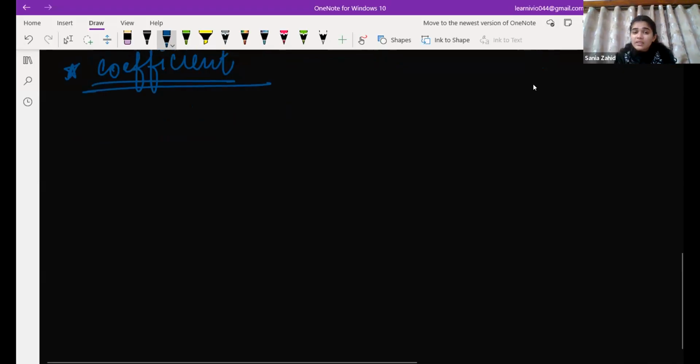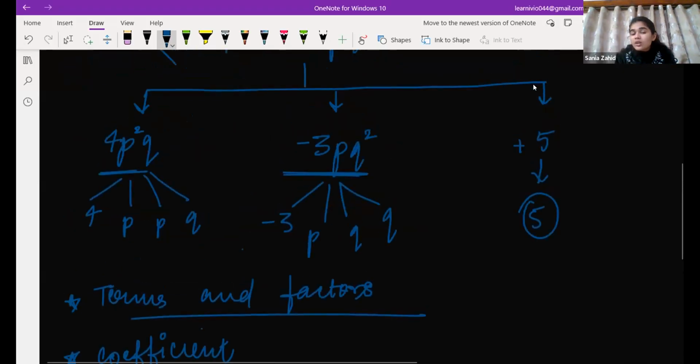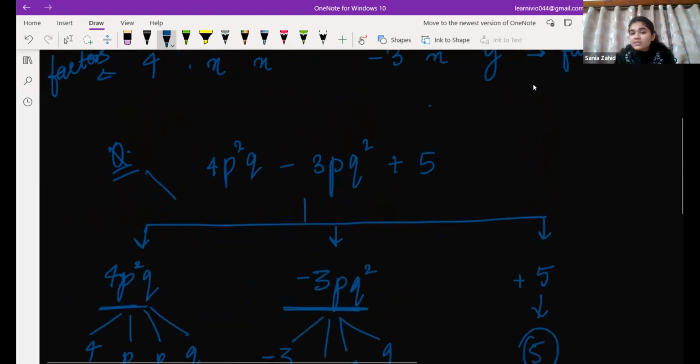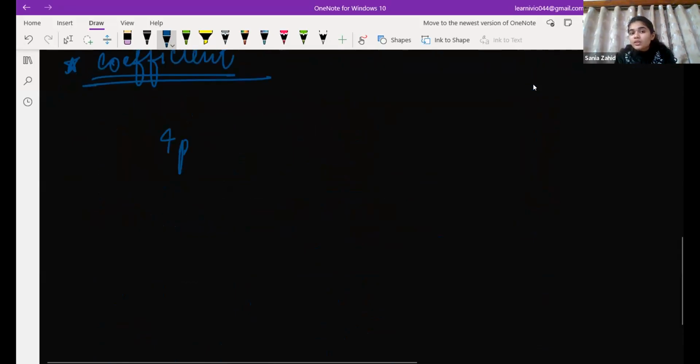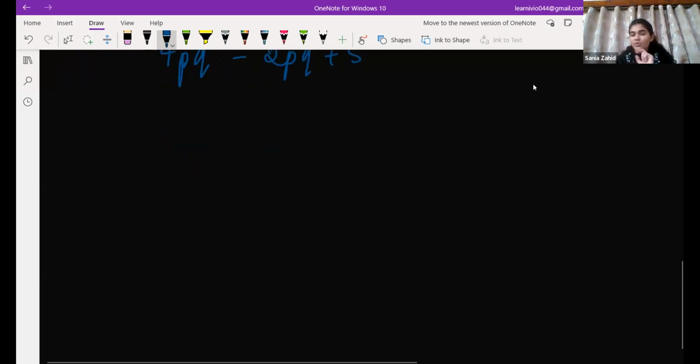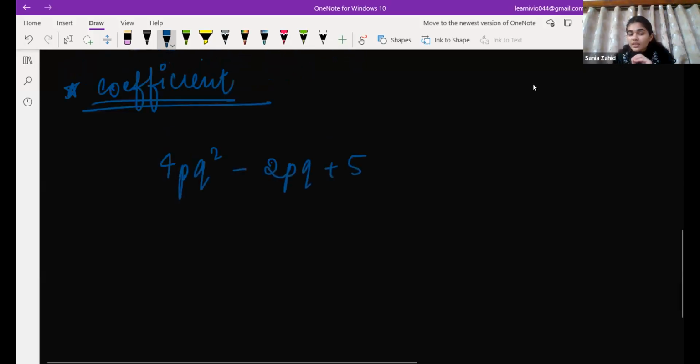Okay, but like I have this equation, 4p square q minus 2pq plus 5. I'll consider this only. So over here, see, coefficient is basically for a particular variable. What you have is, you have constants and you have variables. Now, what is the meaning of variable? All the letters in an equation are known as variables.